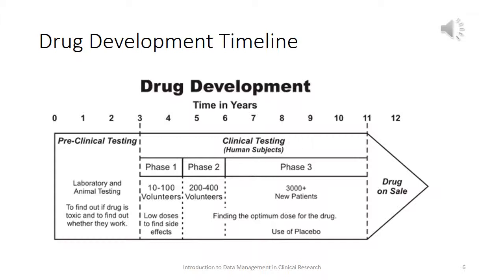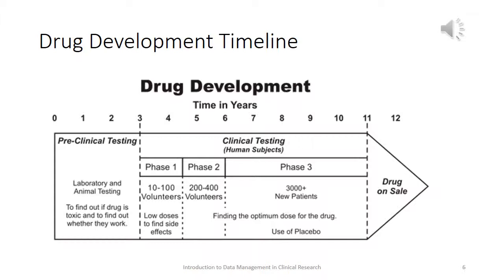There are even people out there that actually make a living participating in these phase 1 trials. So what we're trying to do is figure out what doses are safe for people to take. Now, we're not trying to kill people in these phase 1 trials, but we're trying to figure out at what dose they can tolerate the medication.